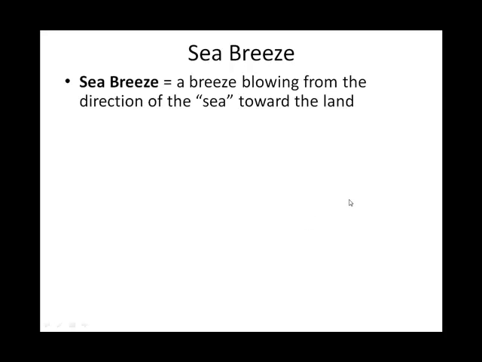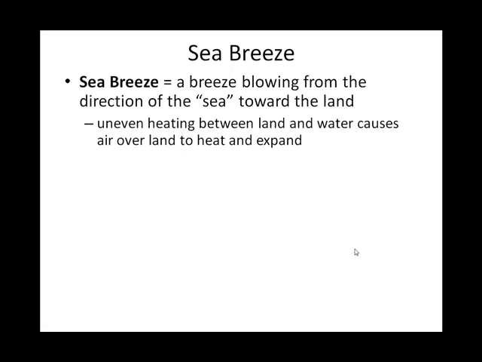So to show you what we call a small-scale wind in progress, related to air moving from a high to a low pressure, I'm going to introduce something called a sea breeze, and revisit it in an upcoming chapter.